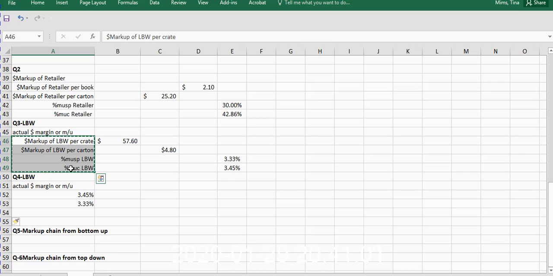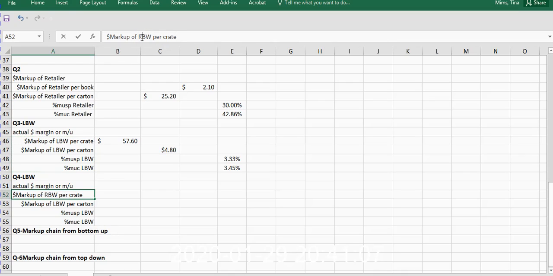Come in here, copy and paste. Okay, so this is R in each of these cases. Regional book wholesaler. Just making sure I don't have any typos in my homework.